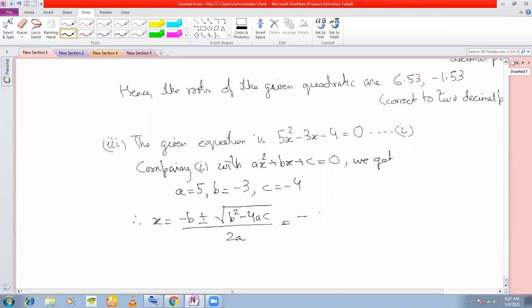x is equal to minus of minus 3 plus or minus square root of b square minus 4 into a into c by 2 into 5.